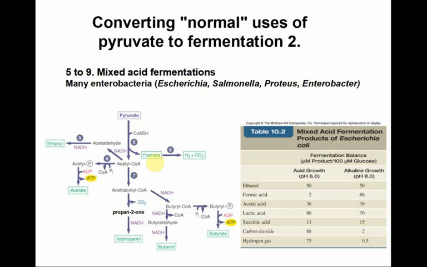So it would be counterproductive for E. coli or other enterobacteria to use pyruvate decarboxylase to convert pyruvate to acetyl coenzyme A. Pyruvate decarboxylase gives you acetyl coenzyme A and 1 molecule of CO2. So that's why the first enzyme in the pathway is this pyruvate formate lyase.